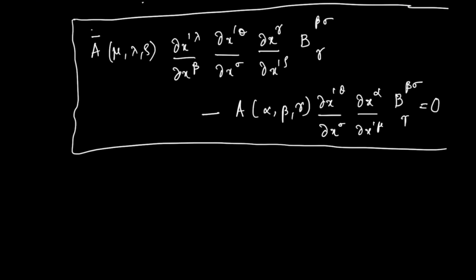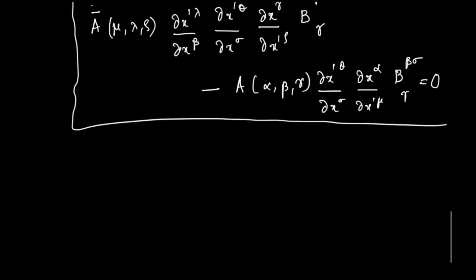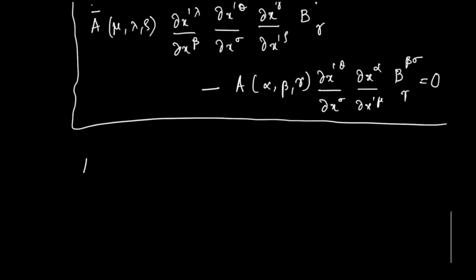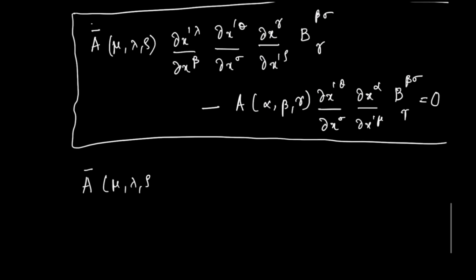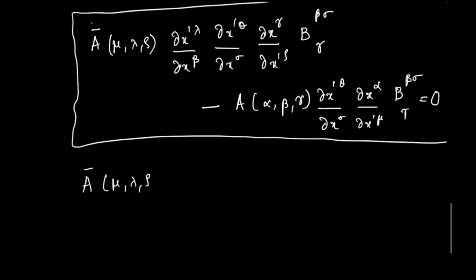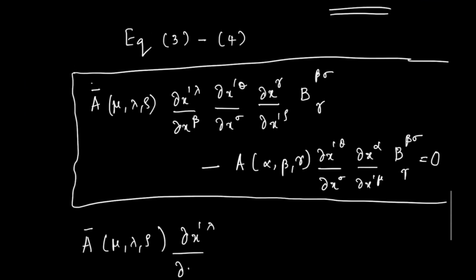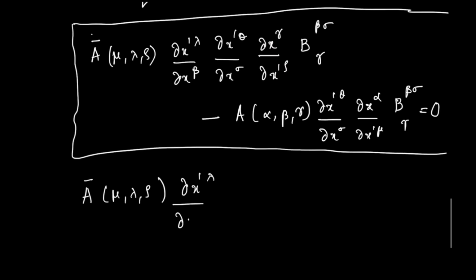What are those? We'll take it. For example, I can write mu lambda rho partial derivative of... from here I think I can take B beta sigma gamma common outside.